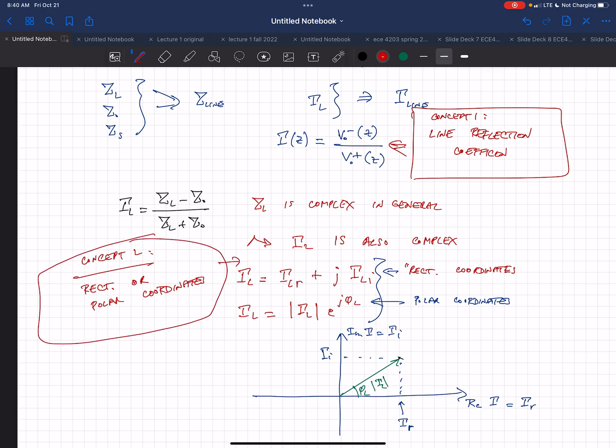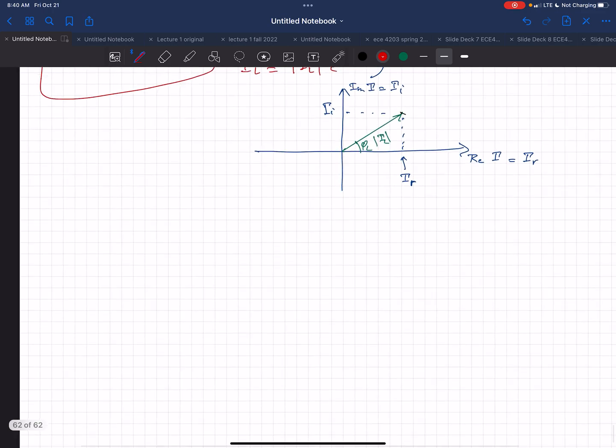So these three things will all add up to the Smith chart, as you'll see. The third concept is that in a Smith chart, all the impedances are normalized to the characteristic impedance of the line.